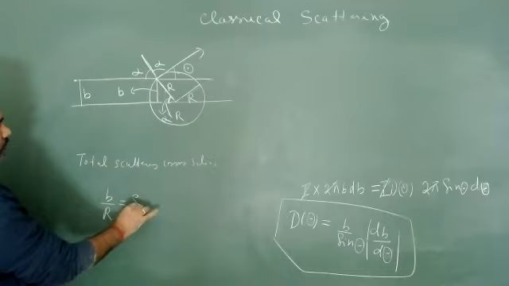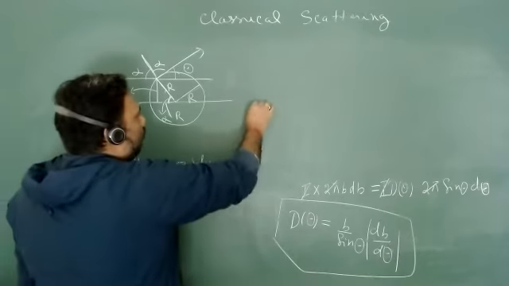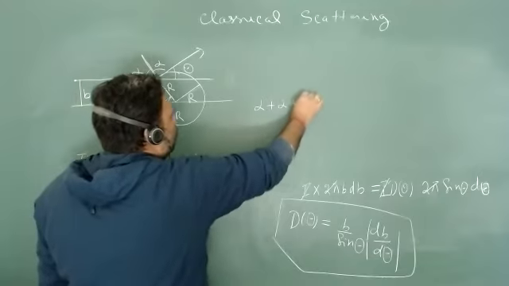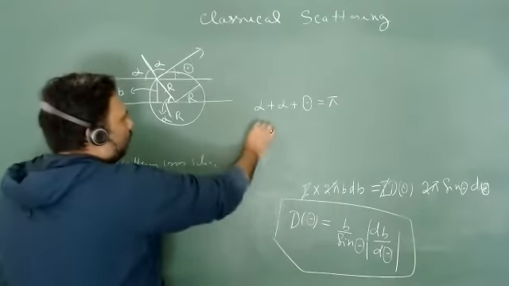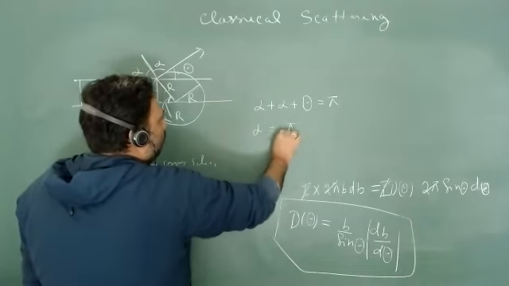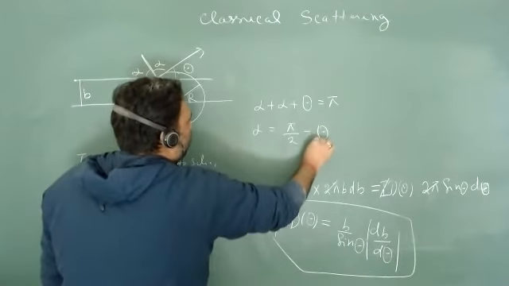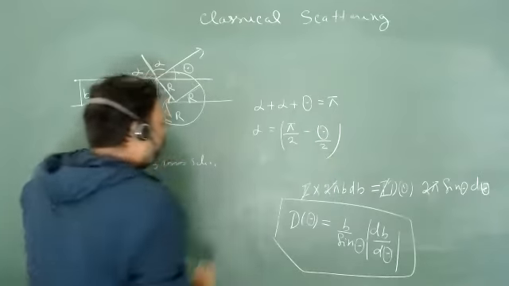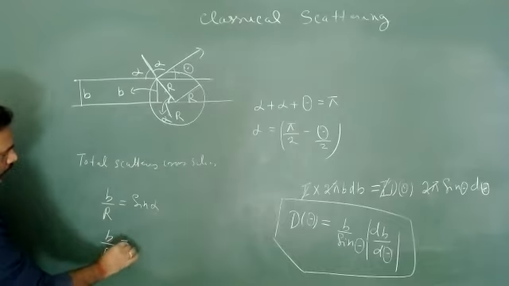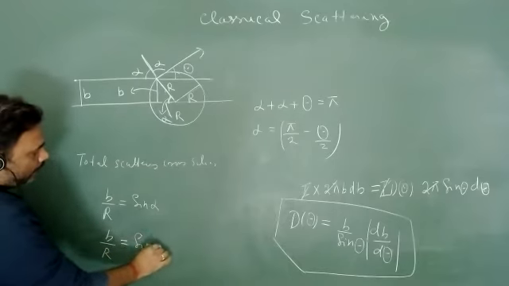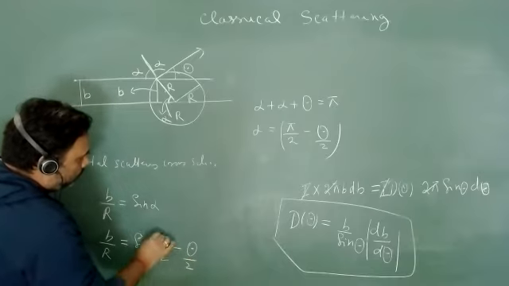So we can write b by r is equal to sin alpha, and we have alpha plus theta is equal to pi. So what is alpha? Alpha is nothing but pi by 2 minus theta by 2. So b by r is equal to sin of pi by 2 minus theta by 2.